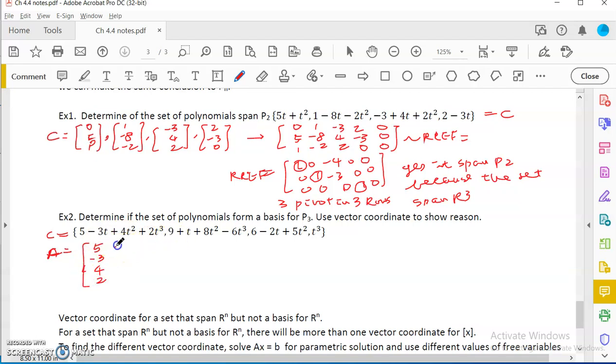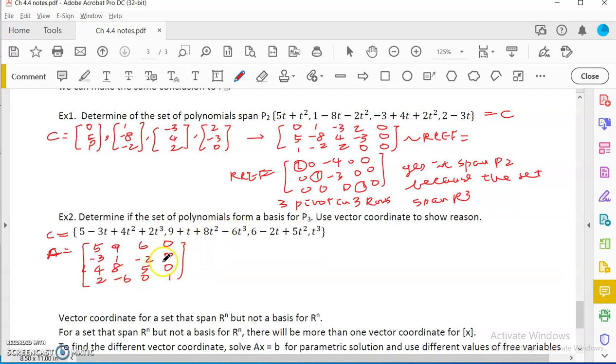And then the second one is 9, 1, 8, negative 6, right? The last one is 6, negative 2, 5, 0, because P3 means t to the cube, right? And then we have 0, 0, 0, 1. Okay, remember t cube is the last one.